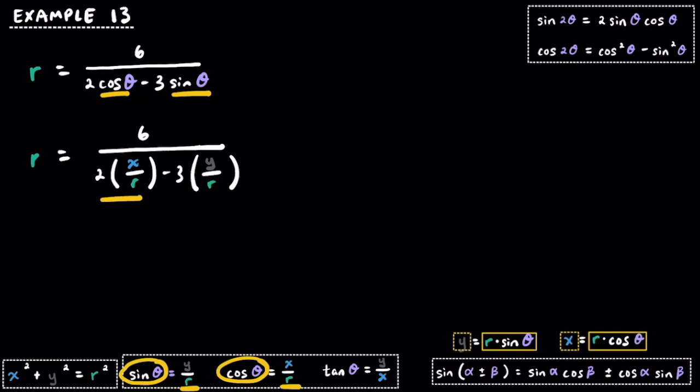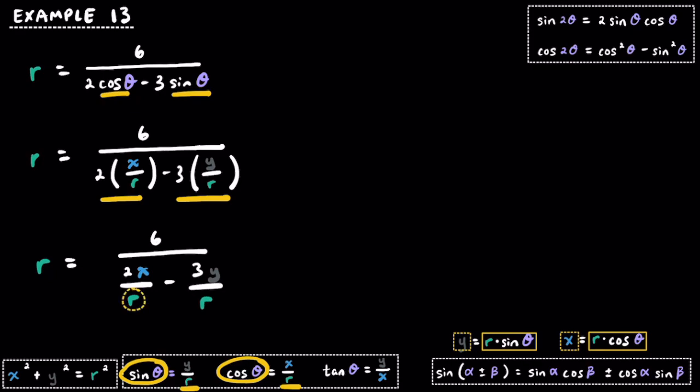Multiplying this 2 times x over r and the 3 times y over r, we can rewrite this equation as r is equal to 6 over 2x over r, minus the 3y over r.